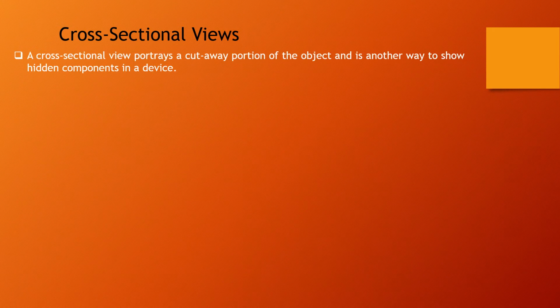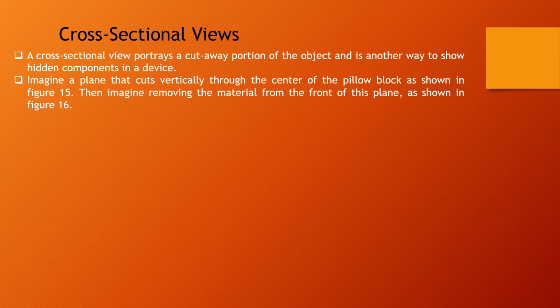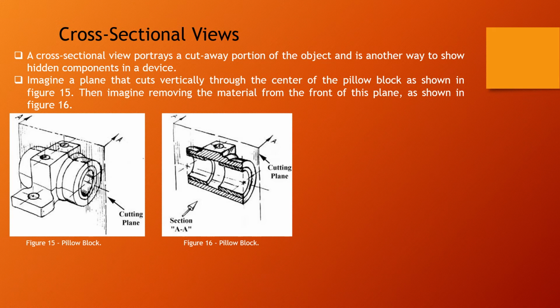Okay, the next is cross-sectional views. A cross-sectional view portrays a cut-away portion of the object and is another way to show hidden components in a device. Imagine a plane that cuts vertically through the center of the pillow block as shown in figure 15.